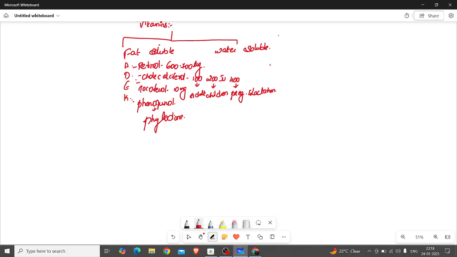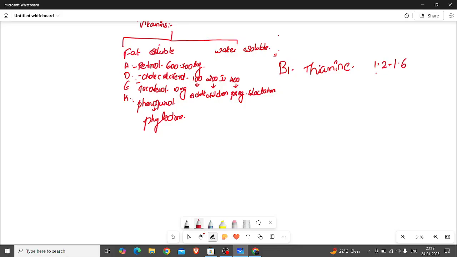Water soluble vitamins are of several types. B1 is also known as thiamine, and the normal range is about 1.2 to 1.6. Vitamin B1 is also known as thiamine.